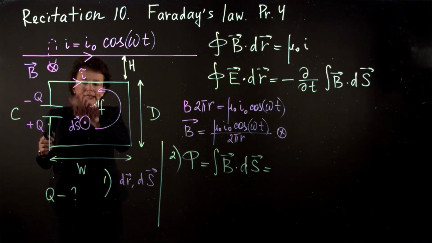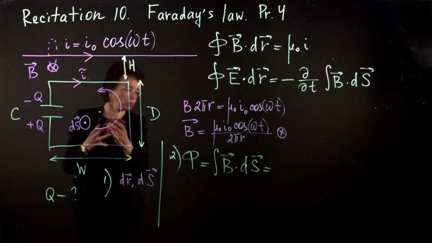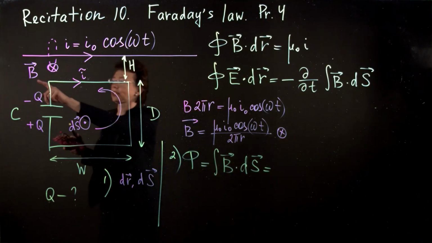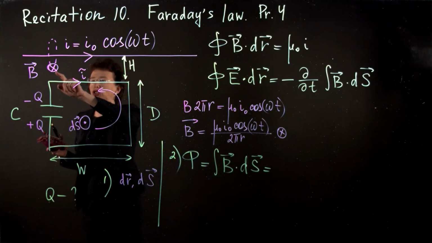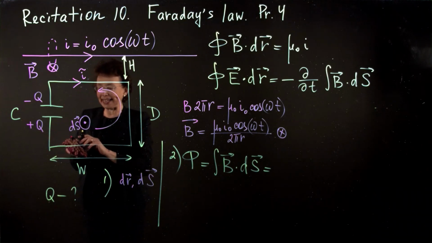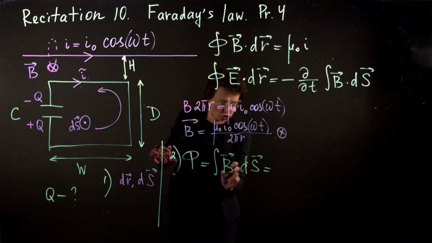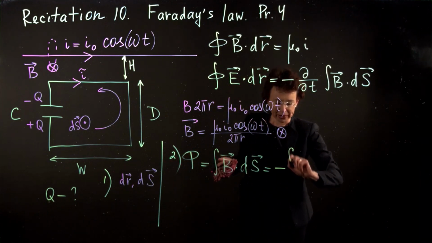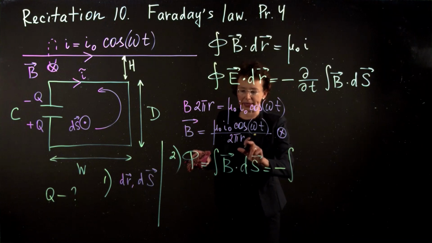I don't need it anymore. So since we neglect it, what we care about is the external magnetic field. Direction of external magnetic field is into the page. ds is out of page, so B dot ds is negative. I put minus.